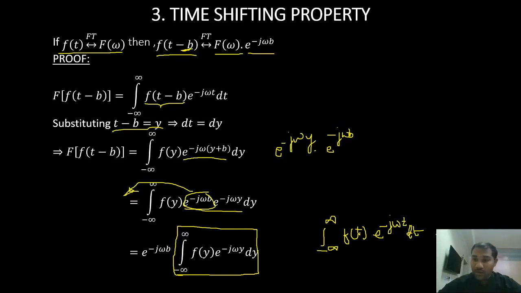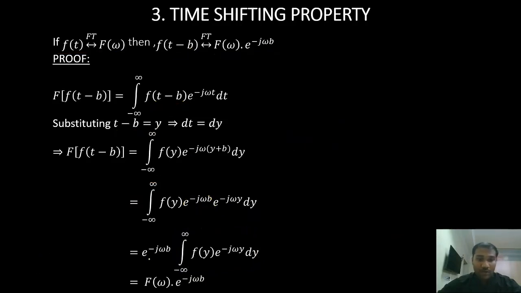This is nothing but F of omega. Instead of t, I can write y, no problem, it is just a variable. So the final result will still be F of omega. So that is e power minus j omega b into F of omega.